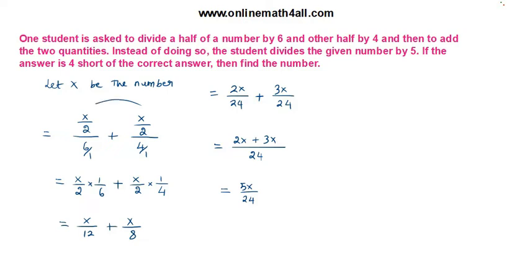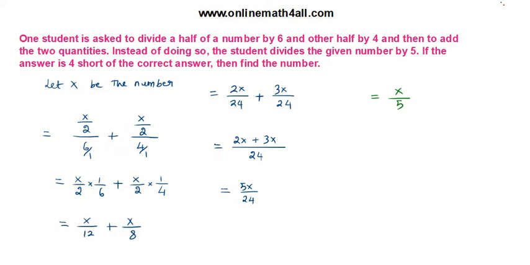But instead of dividing the first half by 6 and the second half by 4 and adding them, what the student has done is divide the given number x by 5. Okay, so now we have to compare these two results. This is the result of the original task, and this is the result of the task done by the student.